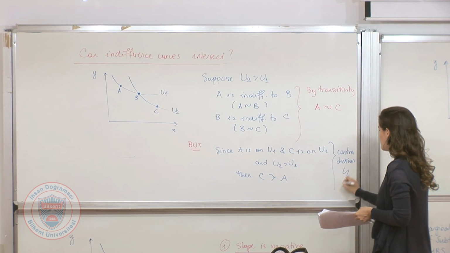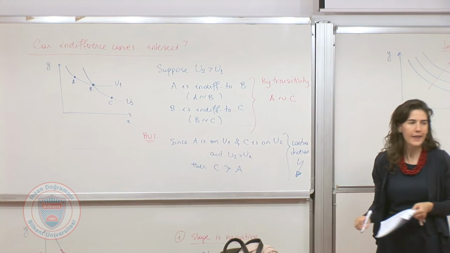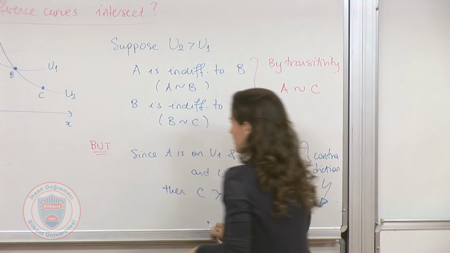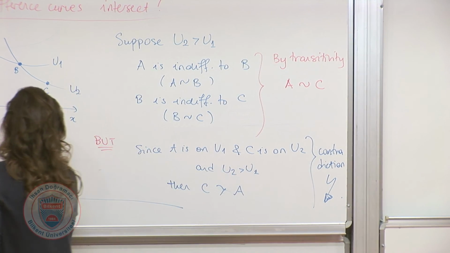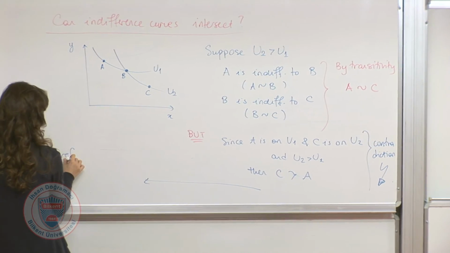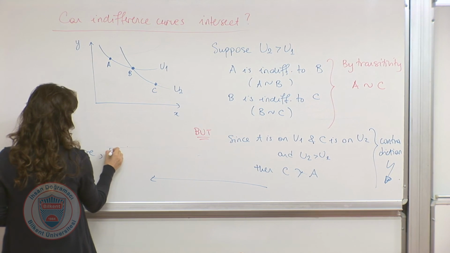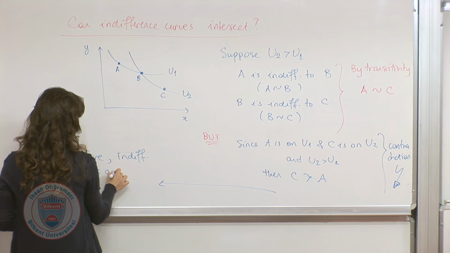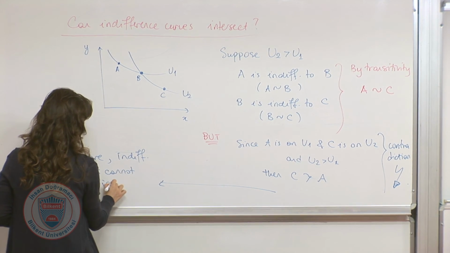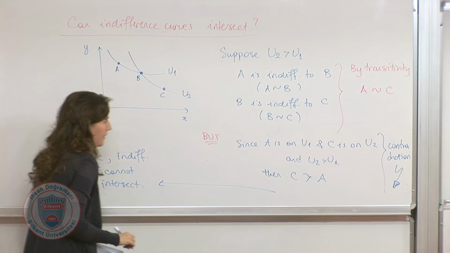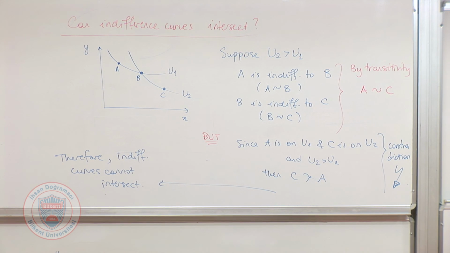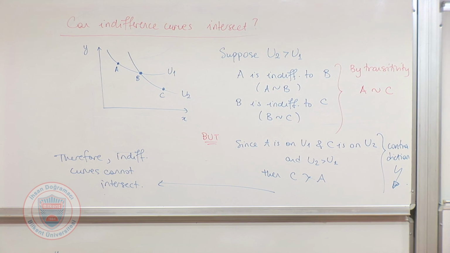Sometimes we show it like this, okay? There is a contradiction, therefore they cannot intersect. So let's put it here: therefore, indifference curves cannot intersect. Apparently they cannot intersect, so I cannot have a map like this. This is out of the question, so good.